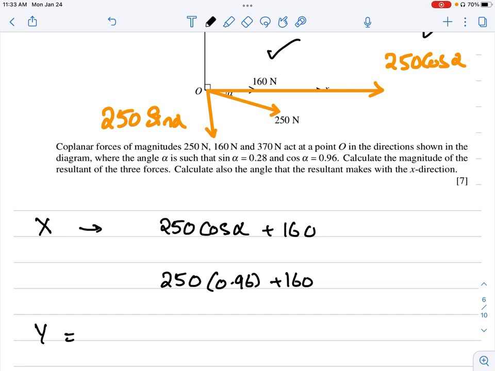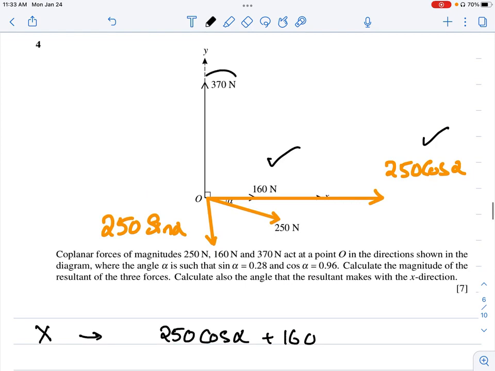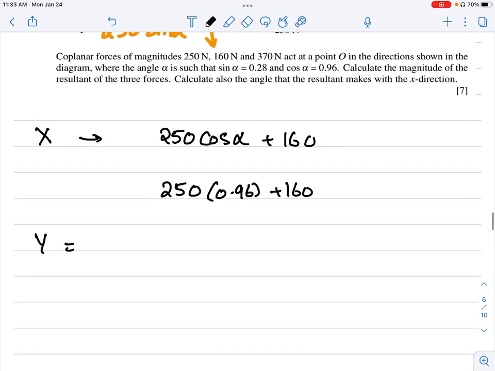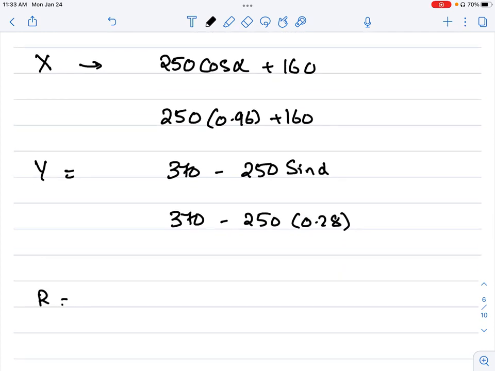Along y direction, it will be 370 in the upward direction, 250 sin alpha in the downward direction. So it will be 370 minus 250 sin alpha, where sin alpha is given as 0.28. Now the resultant will be square root of x squared plus y squared.